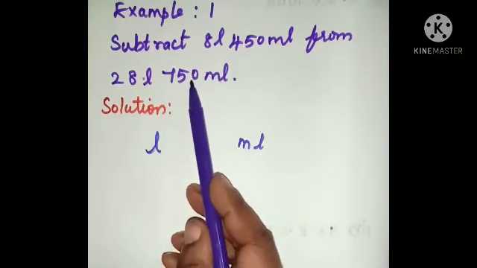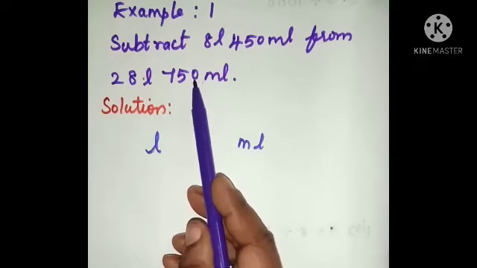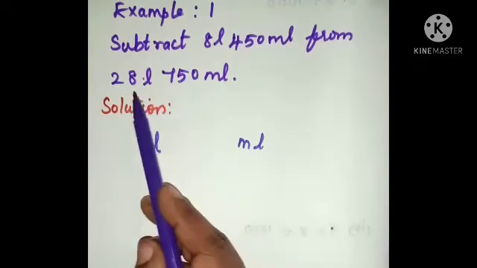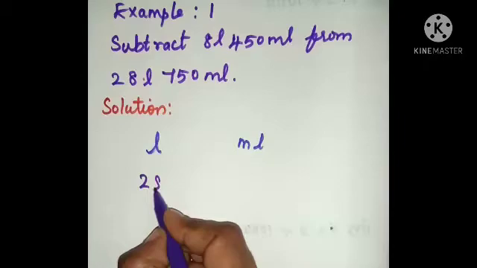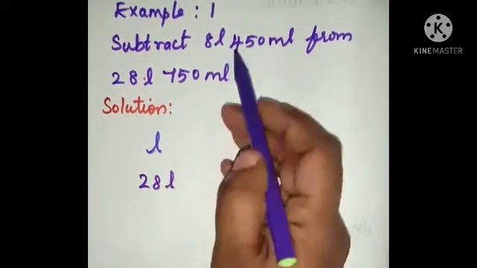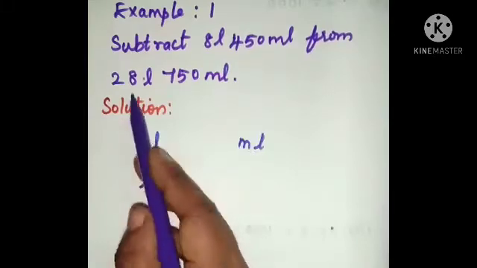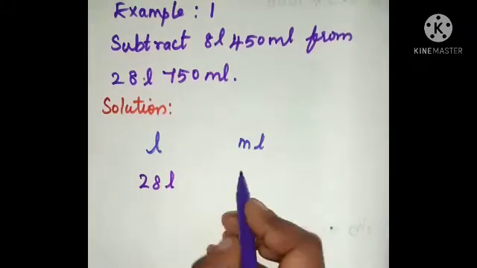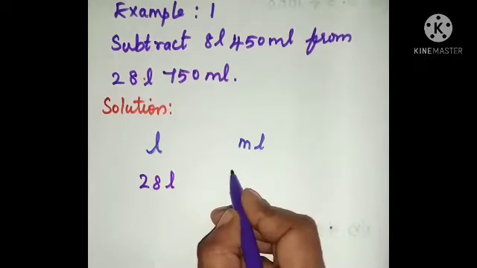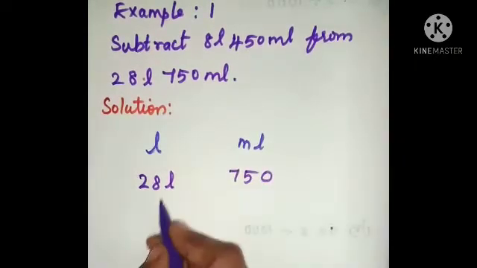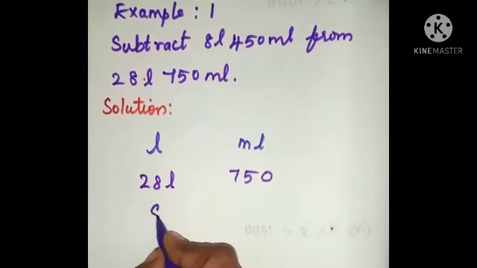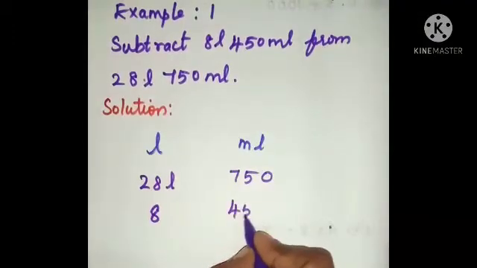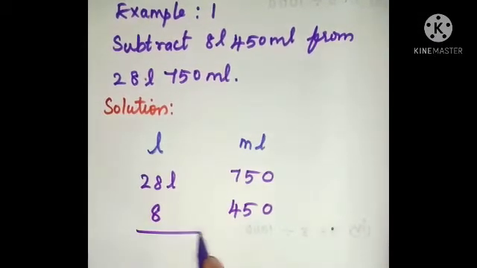In this problem, liters and milliliters occur in the same value, and here we have to write this value first. 28 liters 750, and the second value which is to be subtracted is 8 liters 450 ml. Now we are subtracting these two values.